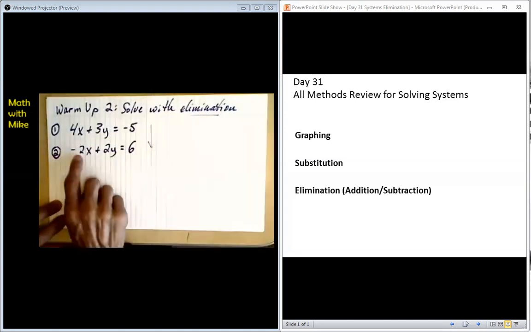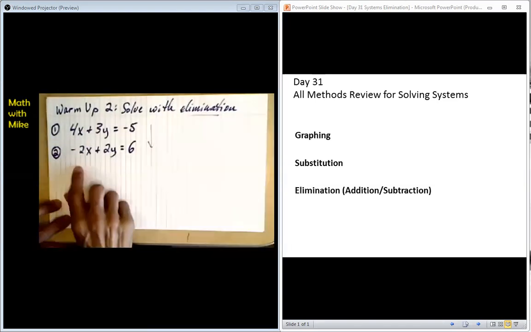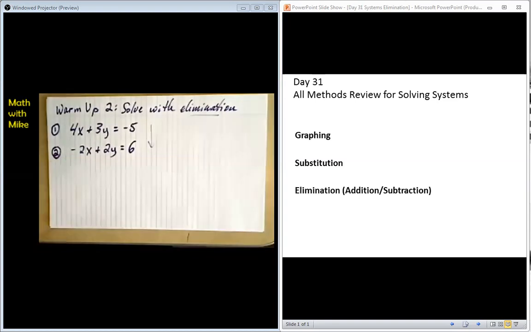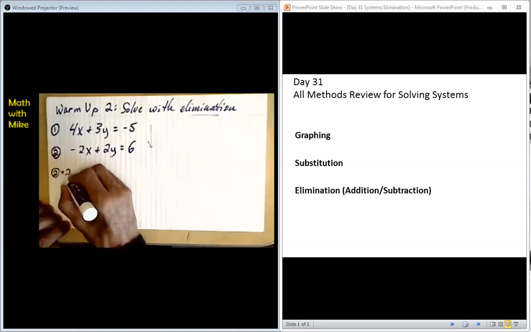How can we get a 2 up to a 4? We've got to think in terms of multiplying. Multiply by 2 gives 4. Yep, that'll work. You multiply equation 2 by 2.